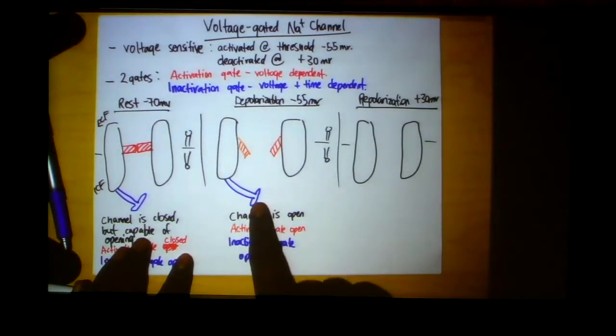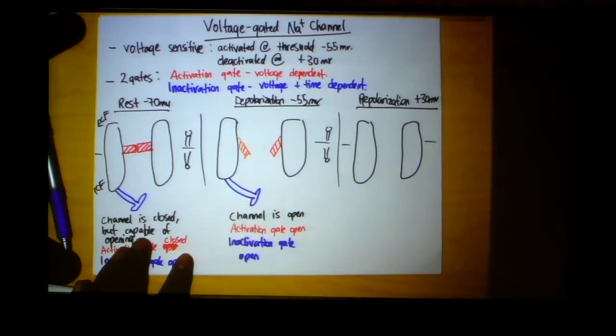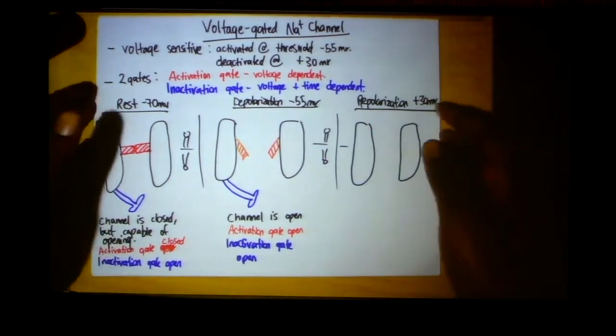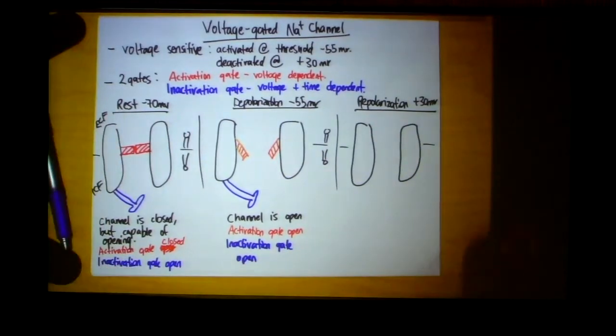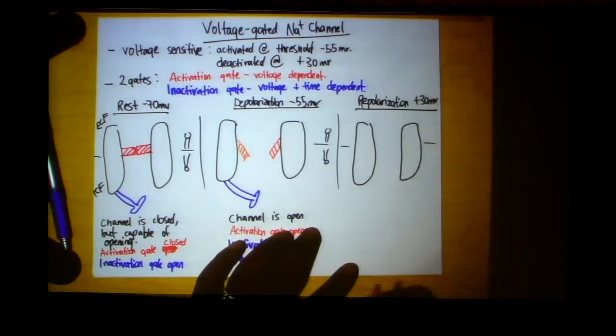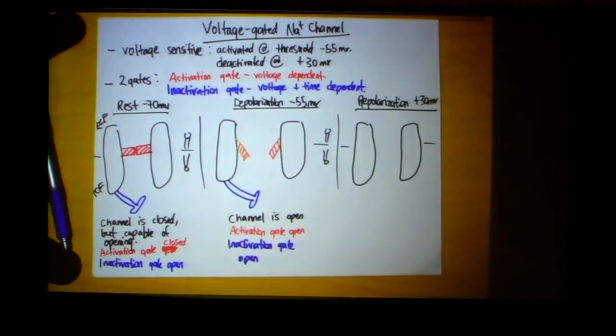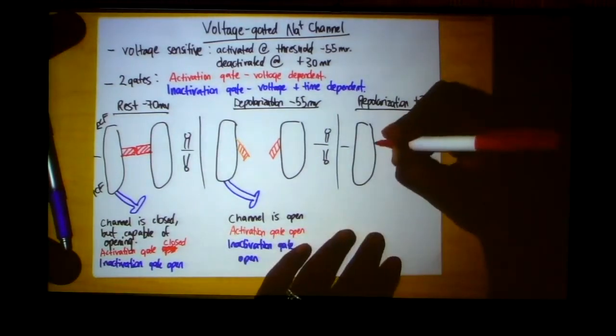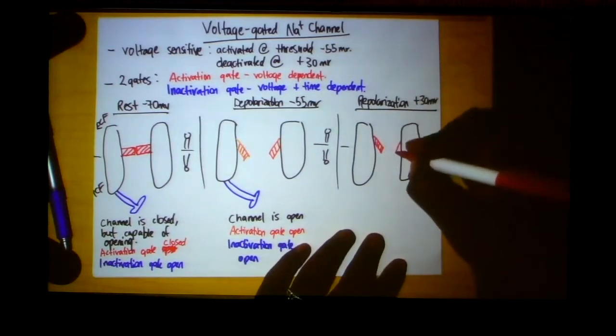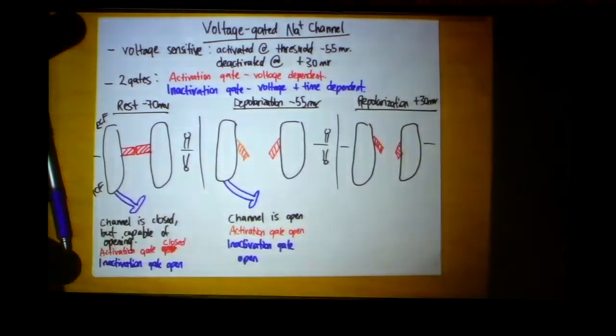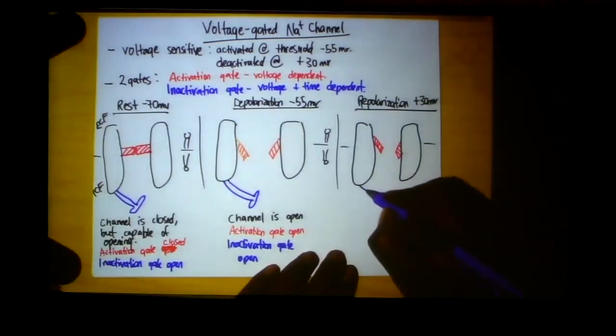One is to close the inactivation gate, and then to open it after 1 millisecond, okay? I hope that makes sense. Let's draw that out. So we have our repolarization happening here. Now our sodium activation gates are still open, right? These gates are still open, but the inactivation gate has closed.